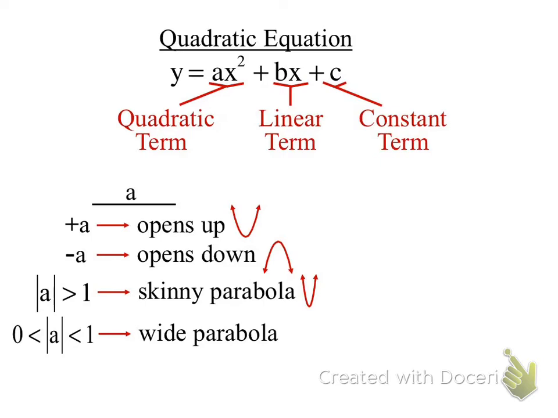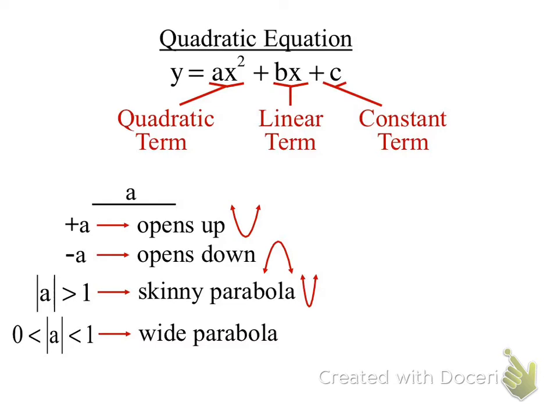Yes? Could you explain why you're doing the absolute value? Because when we had negative 25 hundredths x squared, the negative refers to going down. The positive refers to opening up. Yeah. So I'm really just concerned with the numerical part to tell me if it's going to be skinny or wide.